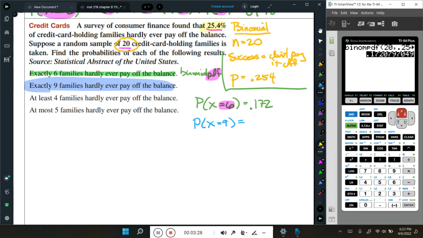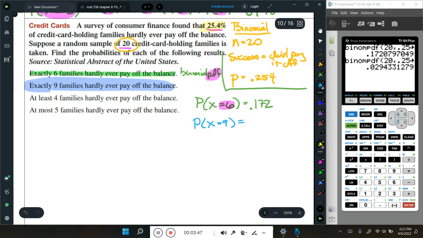In fact, I can just go back into that same command, and the only thing I need to change is that 6 needs to change into a 9, because there's still 20. There's still 0.254 probability of success. And so I get, wow, that dropped significantly. Now I'm down to a 0.029 probability. So by increasing by 3 people, I lost a bunch of percent. I lost about 15% chance.